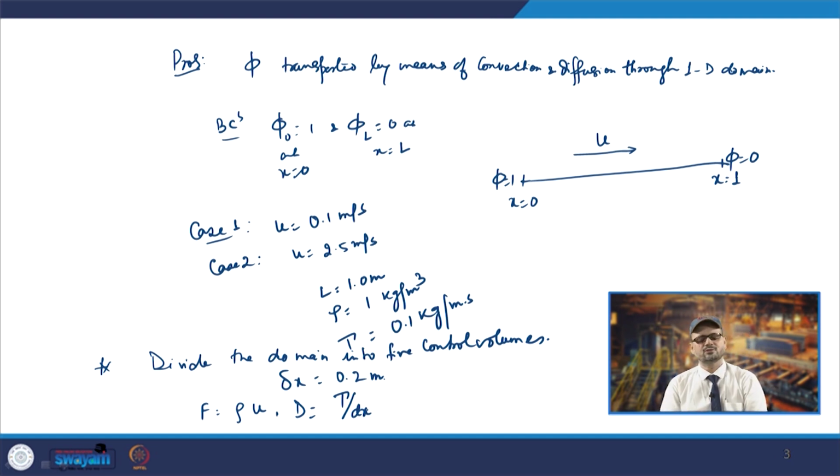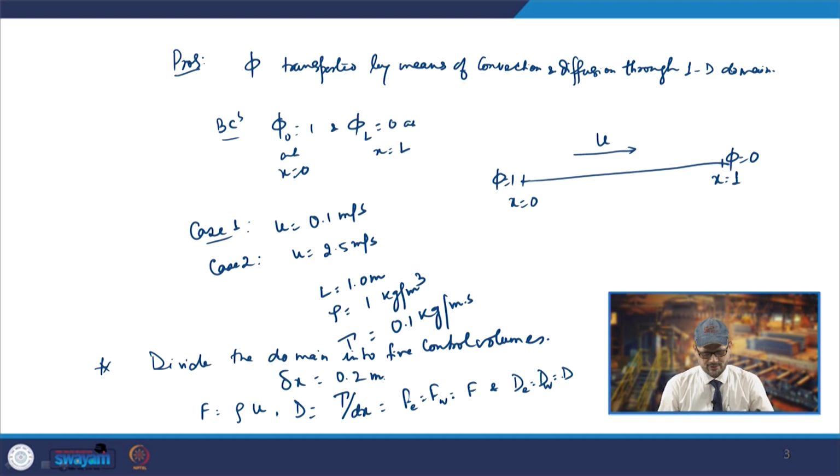Based upon the value of gamma you can have the value of D calculated. Fe and Fw will be equal to F, and similarly De and Dw will be equal to D, everywhere. Now, what we need to calculate in this case is that you will use these differencing schemes.